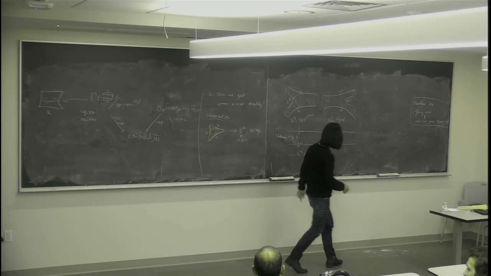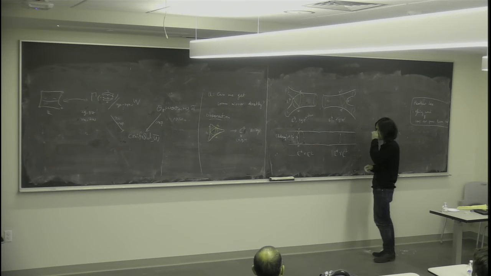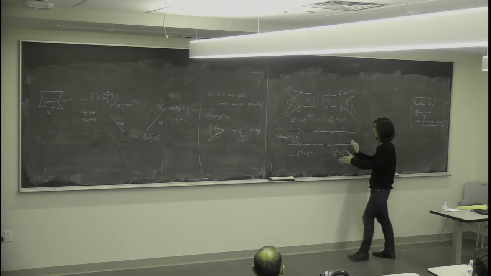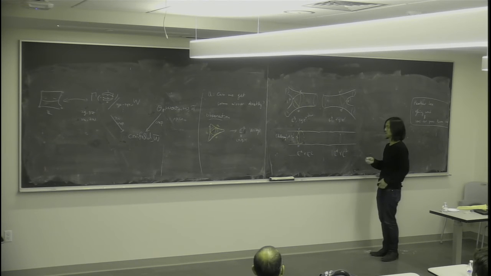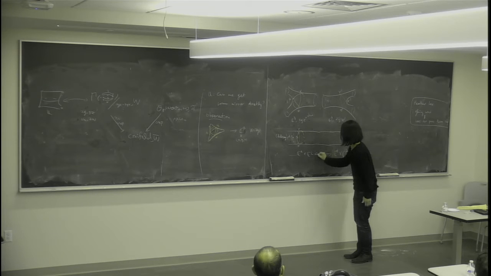And here you have the same thing, C star times C2. So you have exactly the same thing, and you can compare two configurations just by hand. So the question is how to identify them.